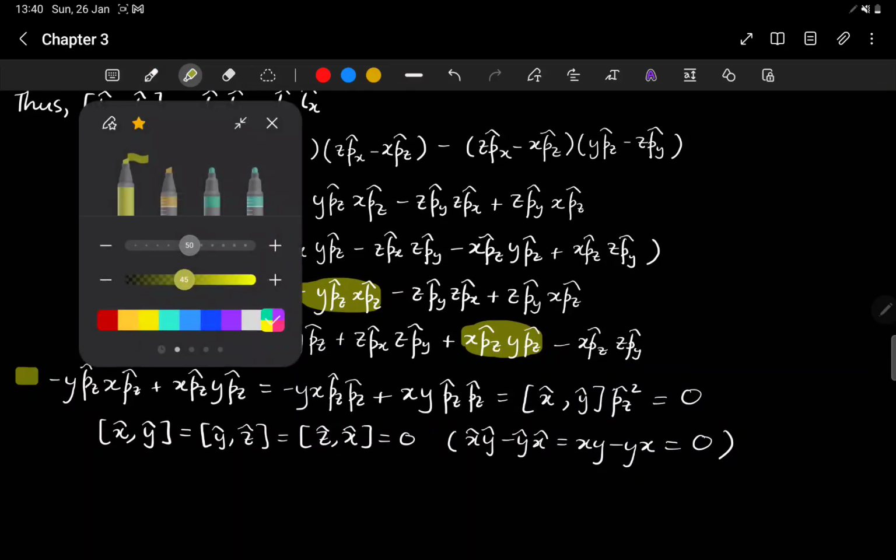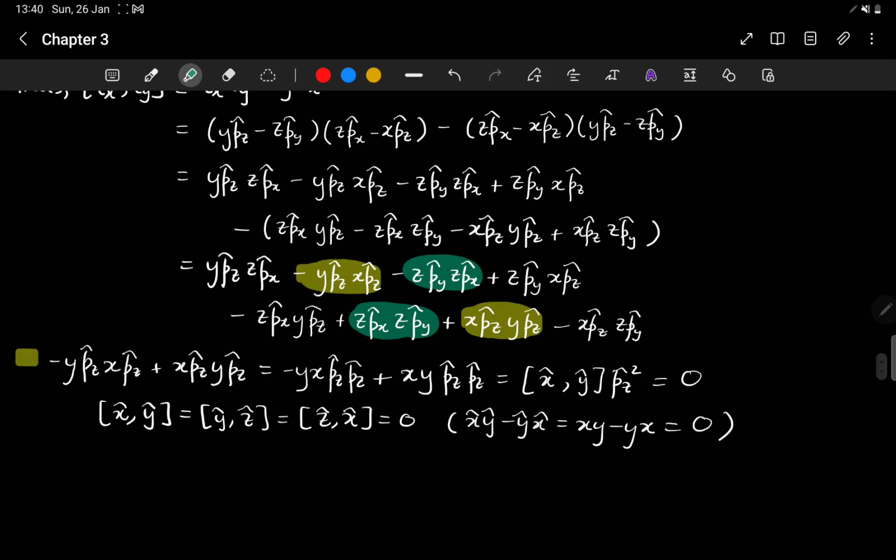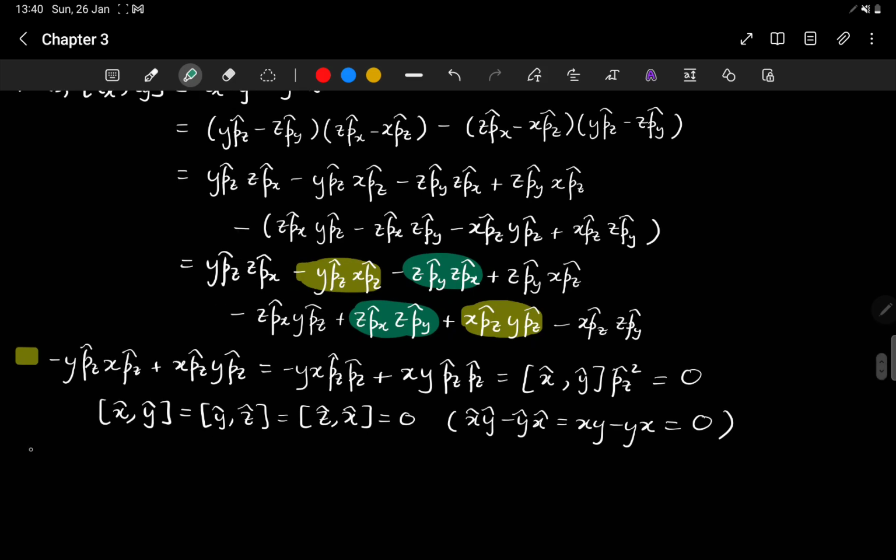Now let us look at some other pairings. Let's say this term with this term. So if I look at this particular pairing, let's see what this gives us.